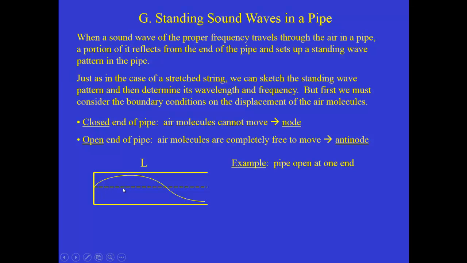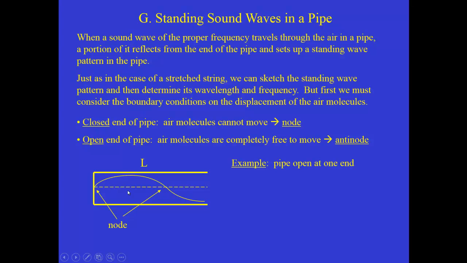So the vertical direction, I'm going to draw as if that's the direction of disturbance of the air molecules. And so the dotted line would represent the equilibrium position, thinking of this as a string.